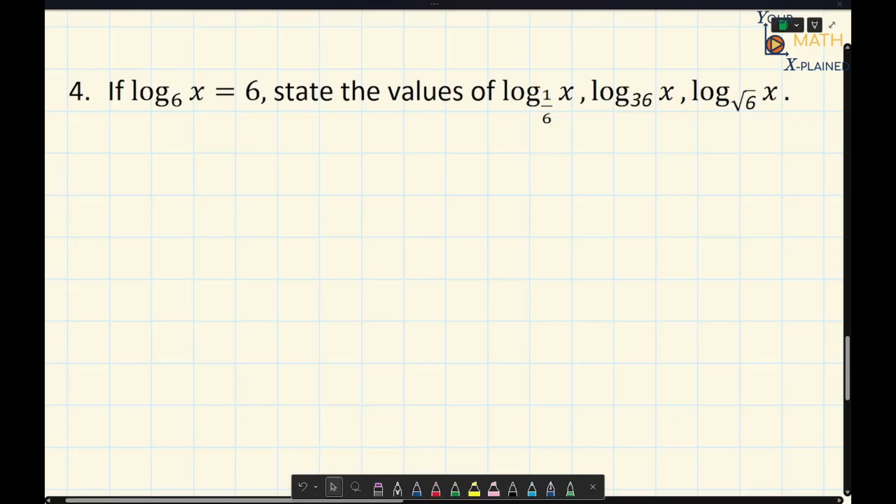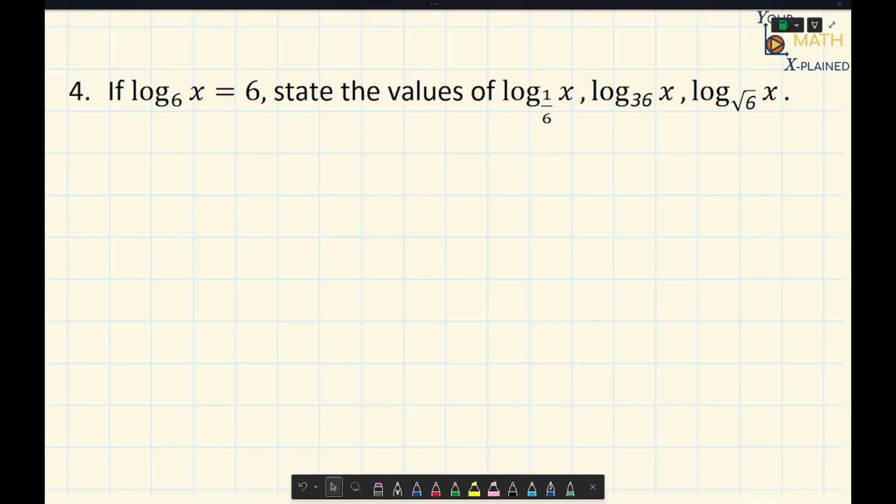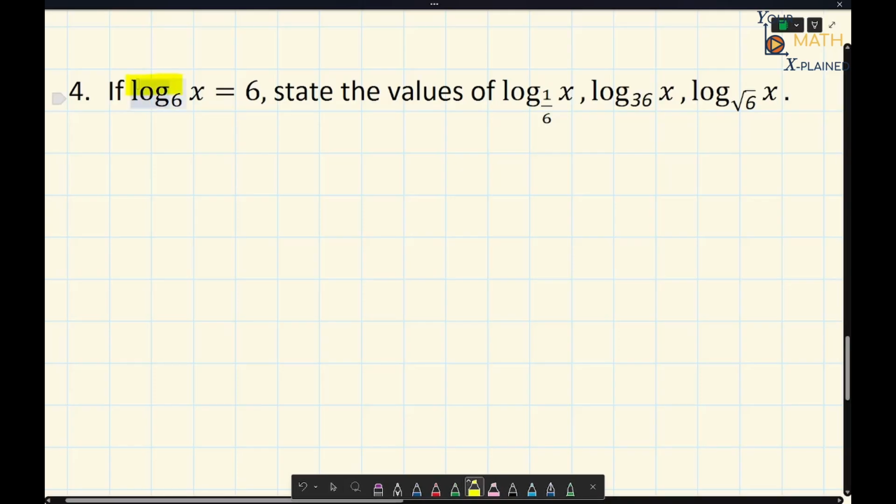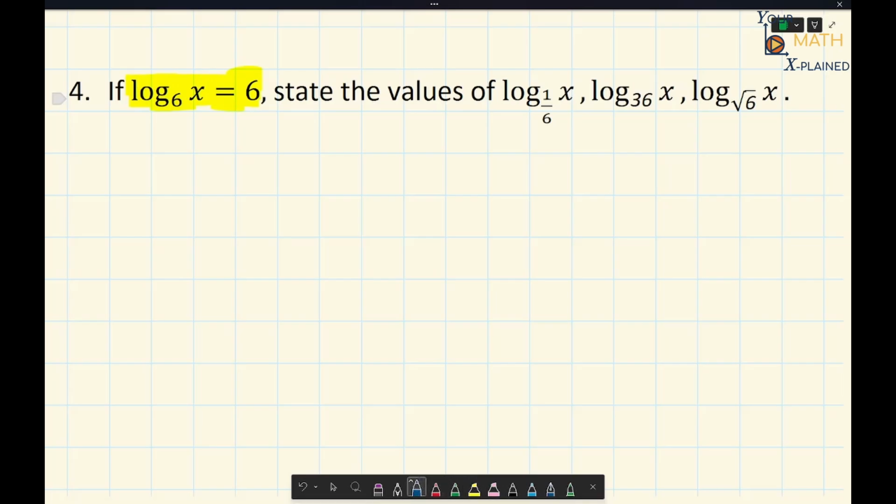Now we can go ahead and use this change of base rule to evaluate these expressions here. We have log base 6 of x is equal to 6. And then we have these three different expressions that we want to find the value of. The first one is log base 1/6 of x. Using our change of base rule, of course we can pick any base we want. But because we're given that log base 6 of x is equal to 6, then we want to use base 6.